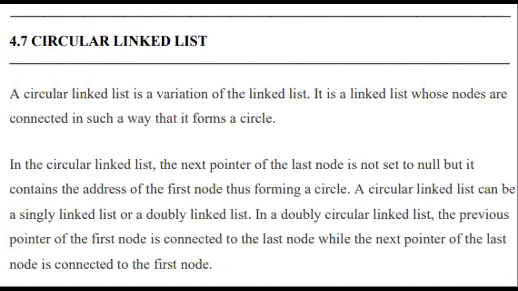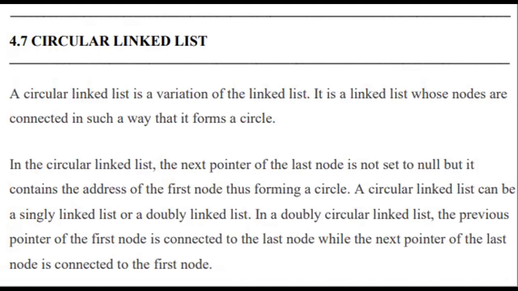Moving to the next topic is circular linked list. Circular linked list is a variation of linked list. We have told that we have a linked list in a linear fashion, but in circular linked list, the end node, which has a null pointer, is changed, and it will point to the start of the linked list, like the first node of the linked list.